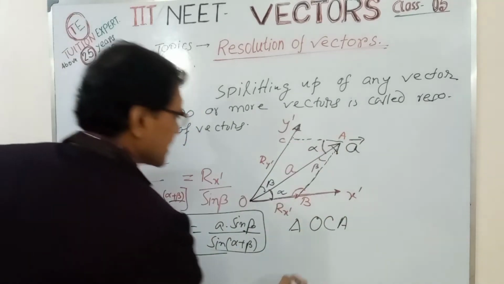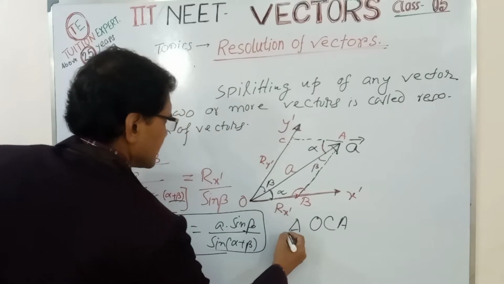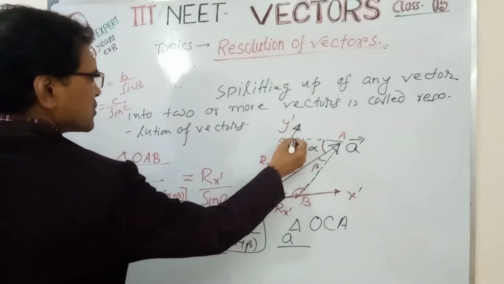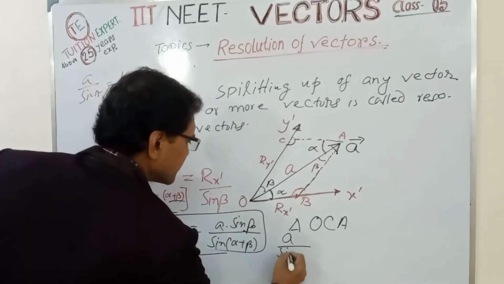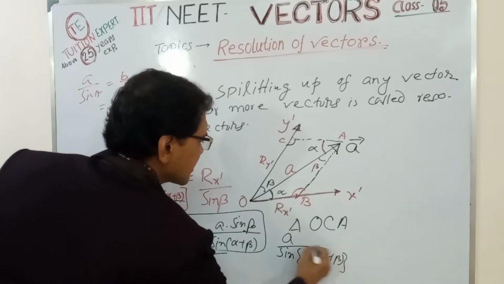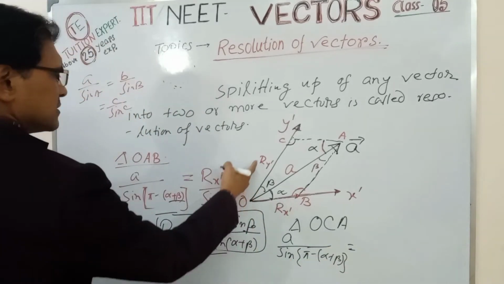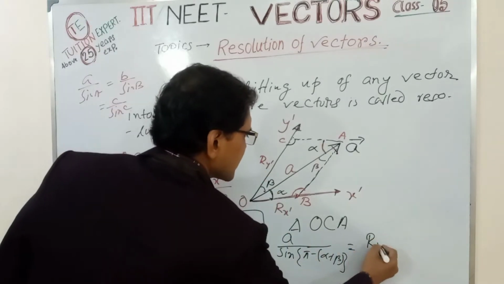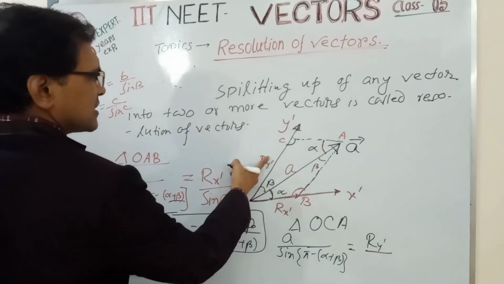Another component, similarly, from triangle OCA. From this triangle we get A by sine of pi minus alpha plus beta equal to Ry dashed by the opposite angle.